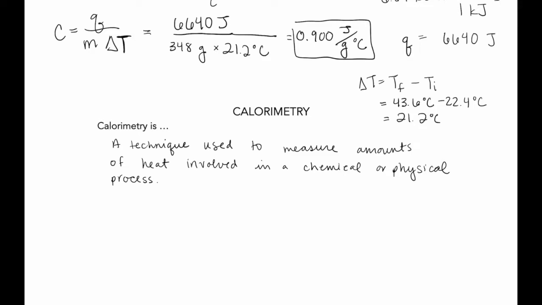Okay. And because we're trying to measure the heat given off by something or the heat absorbed, energy transfer between two things, we're going to end up defining a couple of terms that will help us understand what we're looking at.